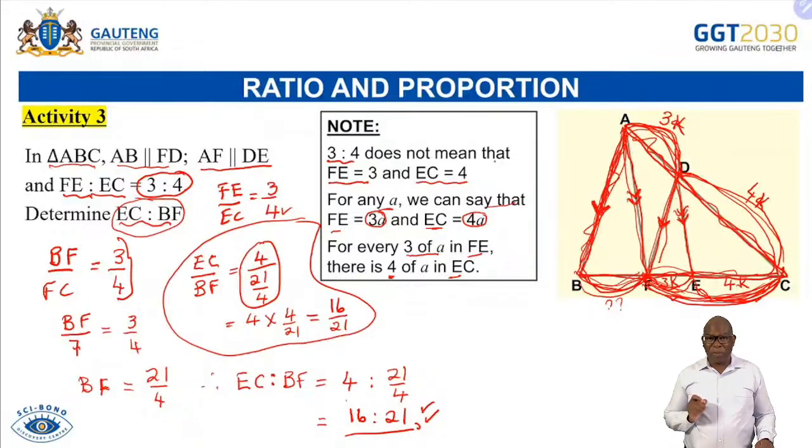So it is very important that you check which parallel lines you have used in which triangle, shade your triangles, so that you will see. This one is the one that I'm going to use for which ratios. So you see, in this triangle, I cannot use BF because that triangle here does not have BF. So the whole triangle here, ABC, will have BF. So that's what I'm talking about. All right.